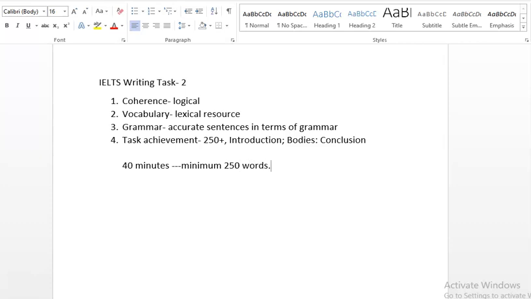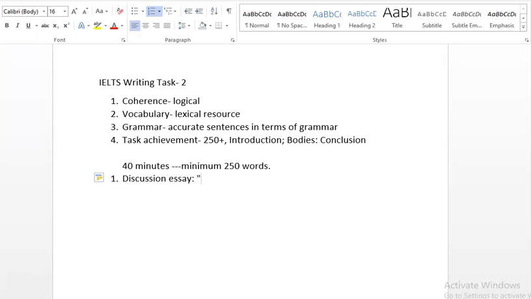Coming back to our essay types, there are many question types. First of all, we have to start with discussion essays. Discussion essay, the name can also explain something.